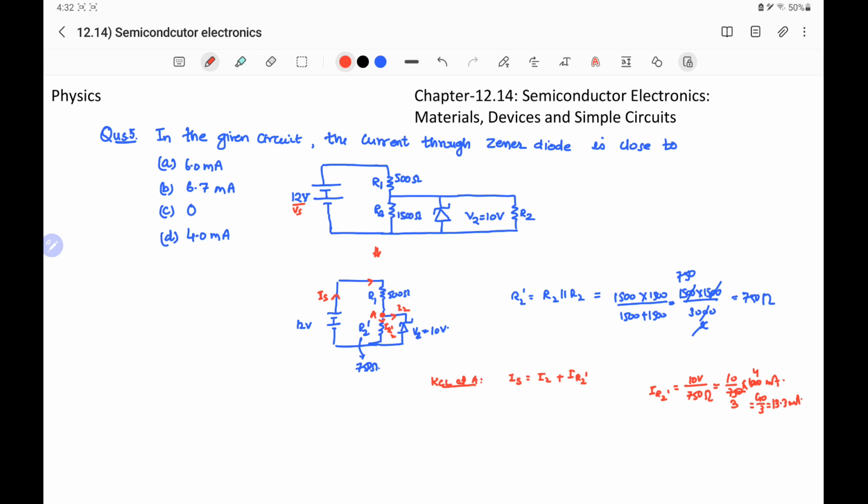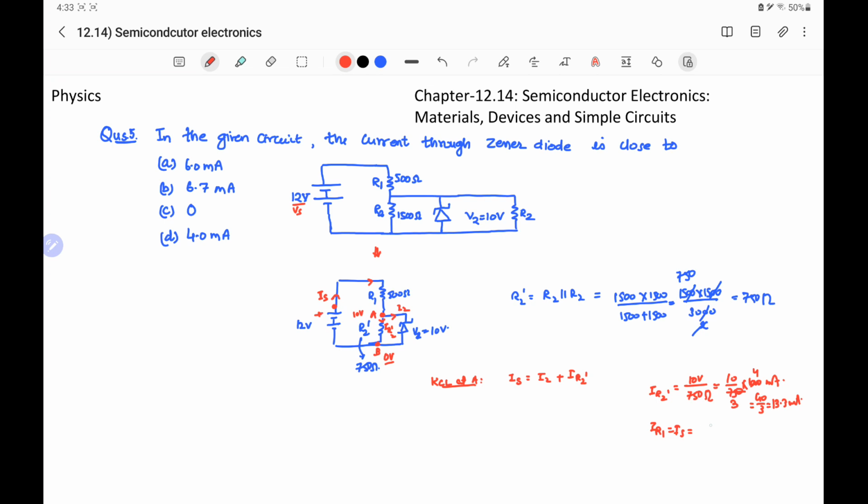Similarly, we can calculate the current through resistor R1, that is equal to source current. It will be equal to voltage across the R1, because voltage at point B, which is at ground, is 0 volt, and voltage across the Zener diode is 10 volt. So A will be at the 10 volt, and the upper terminal of the positive plate will be at 12 volt.